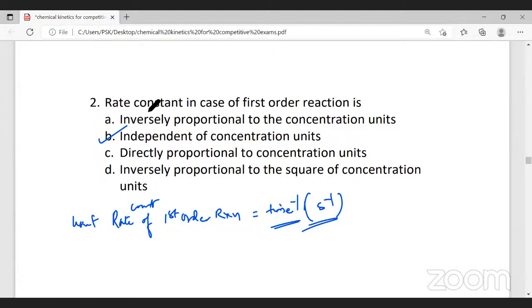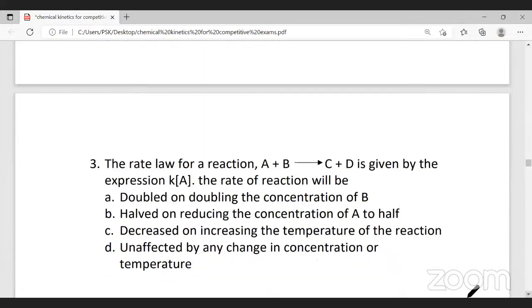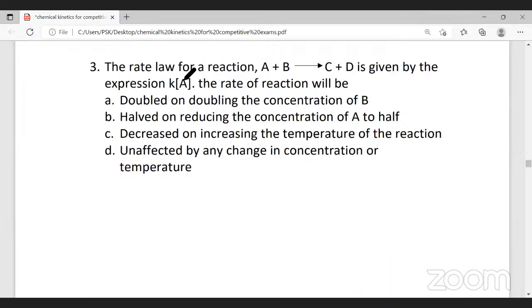The next question. The rate law for a reaction A plus B giving you C plus D is given by the expression K into concentration of A. The square brackets indicate concentration of A. The rate of a reaction will be doubled on doubling the concentration of what? Now, what is this rate law?